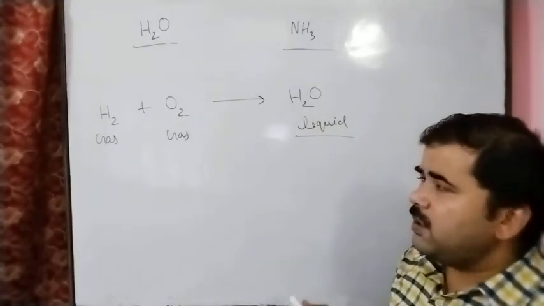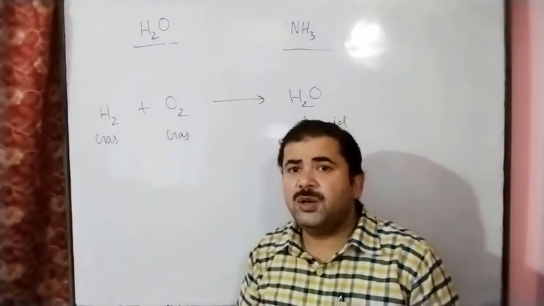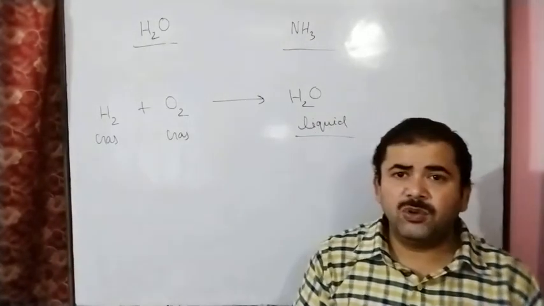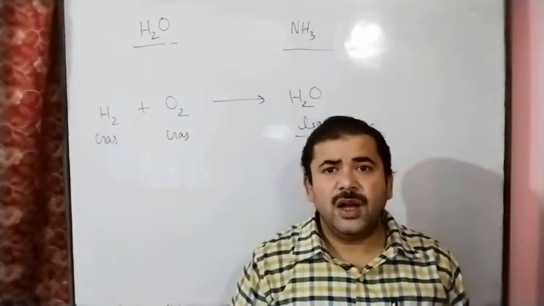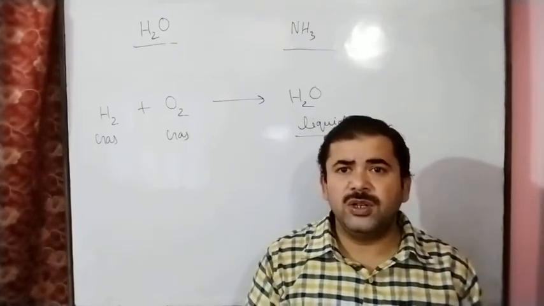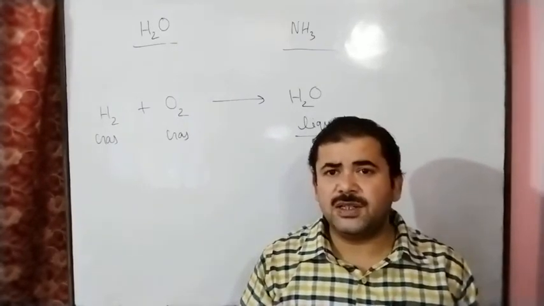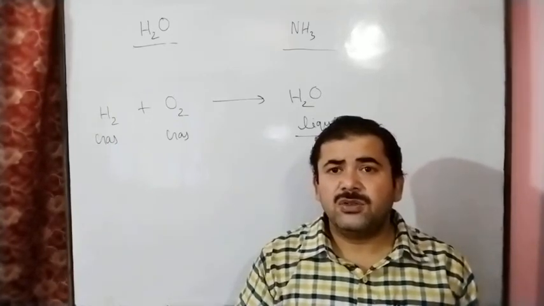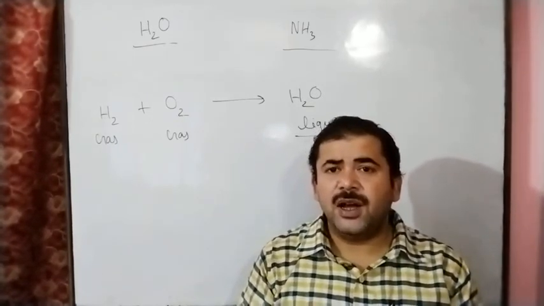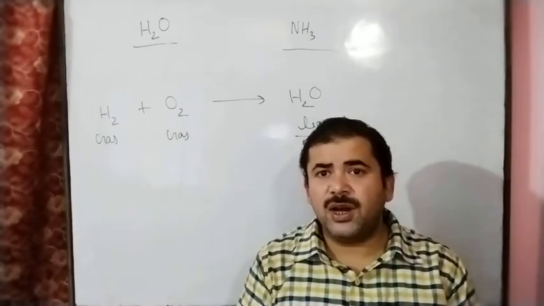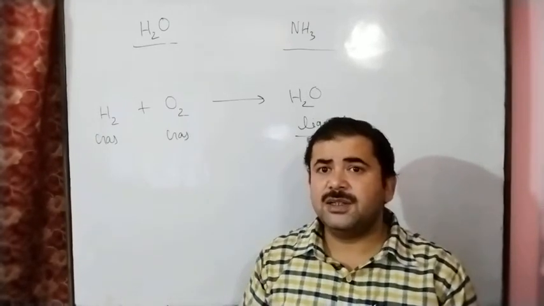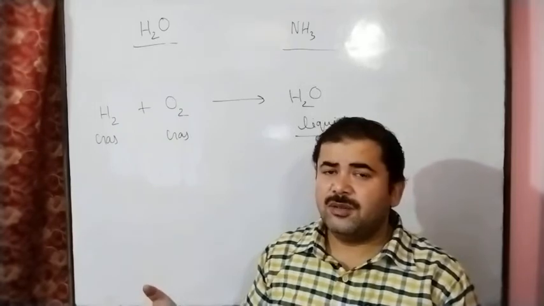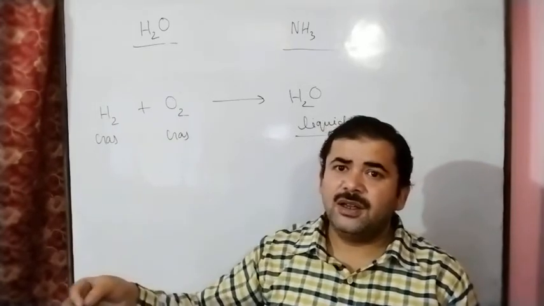In the same manner, take sodium chloride, the common salt. Sodium and chlorine are poisonous, but when they combine we get the salt sodium chloride, which we use in food.